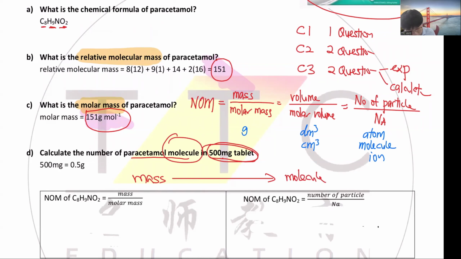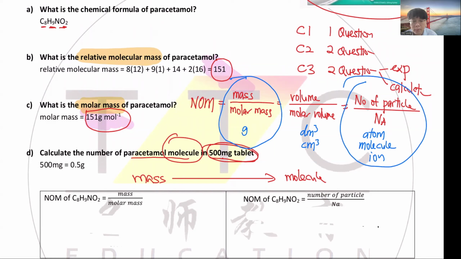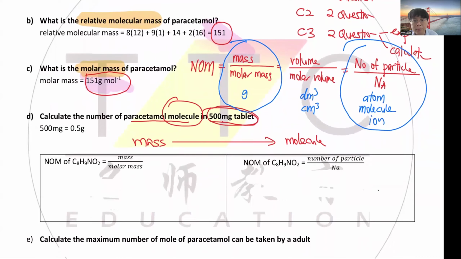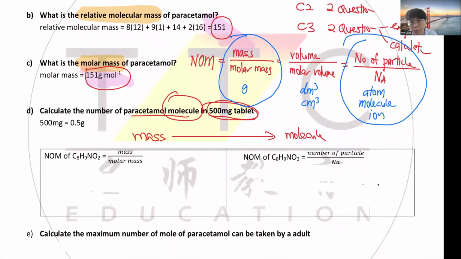So first, you write the steps for both. We're changing the mass to molecule. I think the hardest question will be the last question, this one, the calculation question. So we will practice until you improve on this part. So mass converted to molecule.